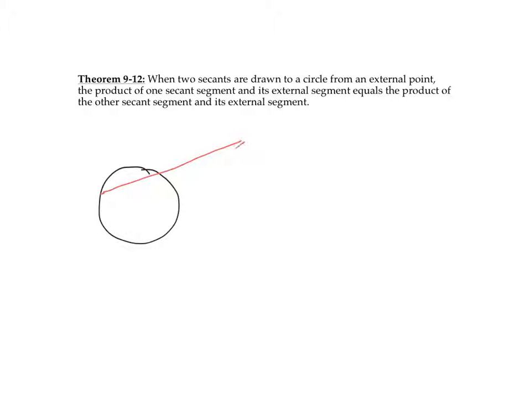So if we draw a second secant, and they're going to meet at this external point, which we'll just call point P. Okay, so in our first secant, I'm going to call this point of intersection A, this intersection B, so we can call that secant AB, and the second secant, we'll just refer to it as CD.